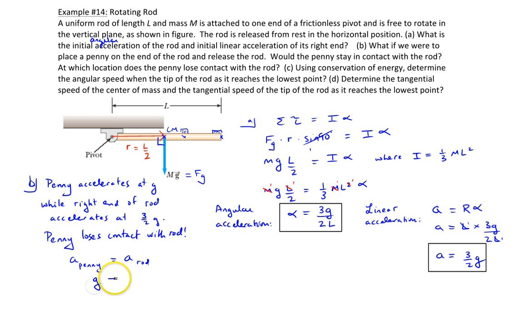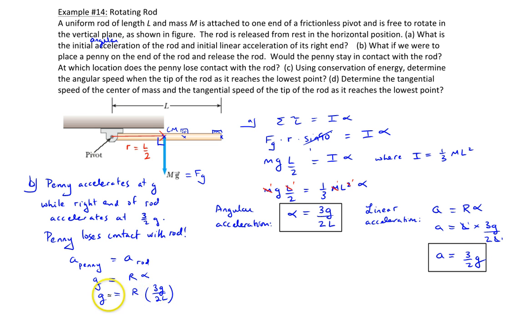So we want the acceleration of the penny to be exactly equal to the acceleration of the rod. The acceleration of the penny we know is g, and the linear acceleration of the rod will be equal to 3/2 g if you are at the far right end of L. But we're just going to use r times alpha. But remember, alpha is the same initially. It's equal to 3g all over 2L.